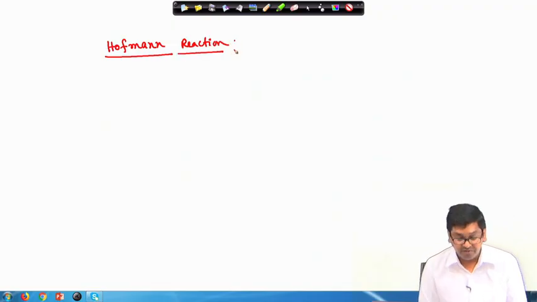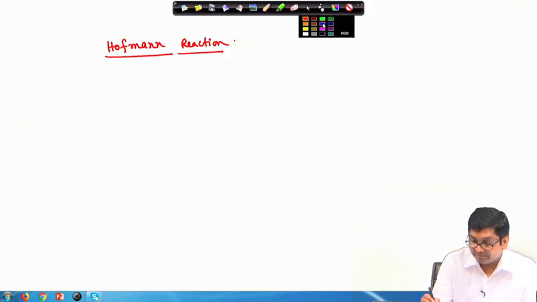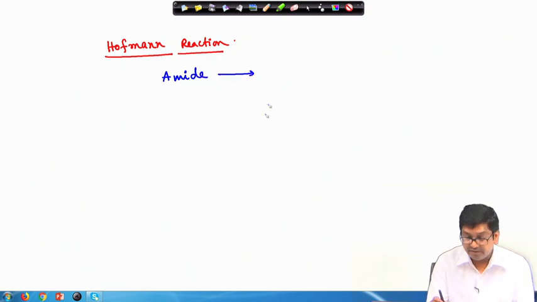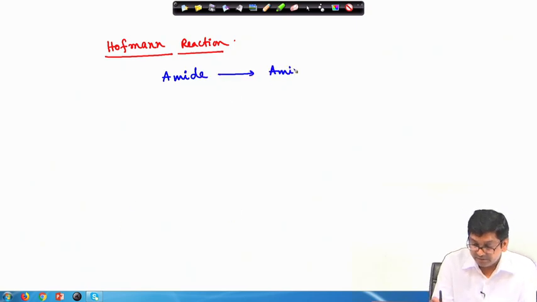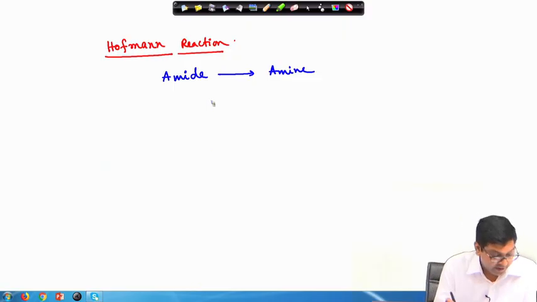So, in case of the Hofmann rearrangement reaction, the starting material is amide and the end product will be amine.